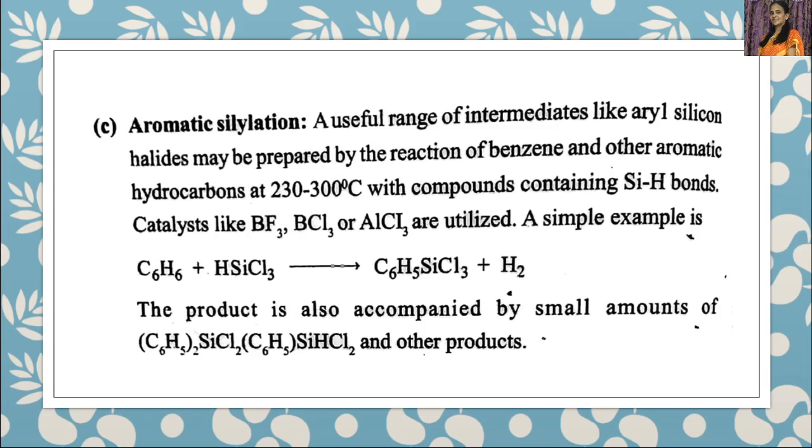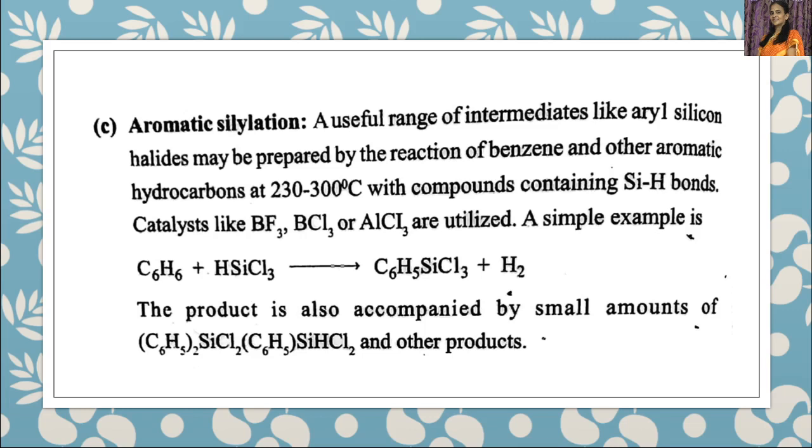So the product is also accompanied by small amounts of diphenyl compound, triphenyl compound, like this C6H5 taken twice, SiCl2. Or another compound where this hydrogen is retained, and one H from this and Cl from this is lost. So you can see this compound is obtained.